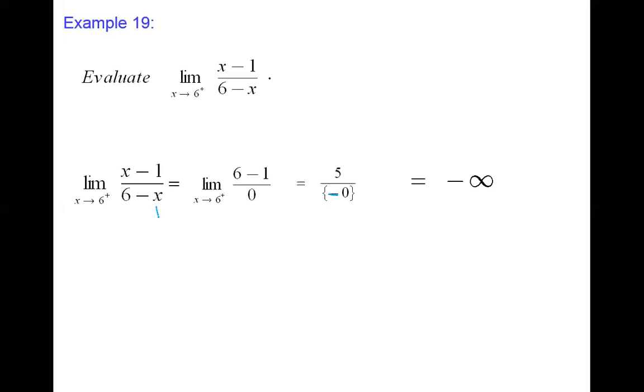This is 6 from the right-hand side, 6.1, 6.01, 6.001. We can definitely see the quantity is negative. That's the reason we do have negative, and it's negative infinity because of a constant over negative 0.